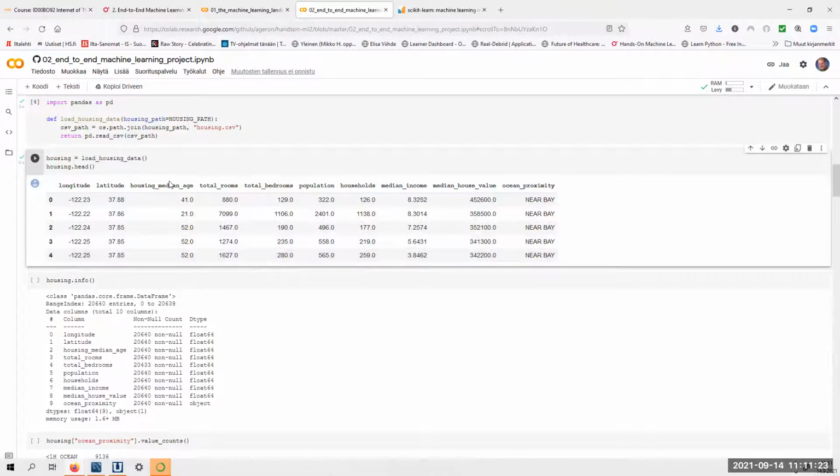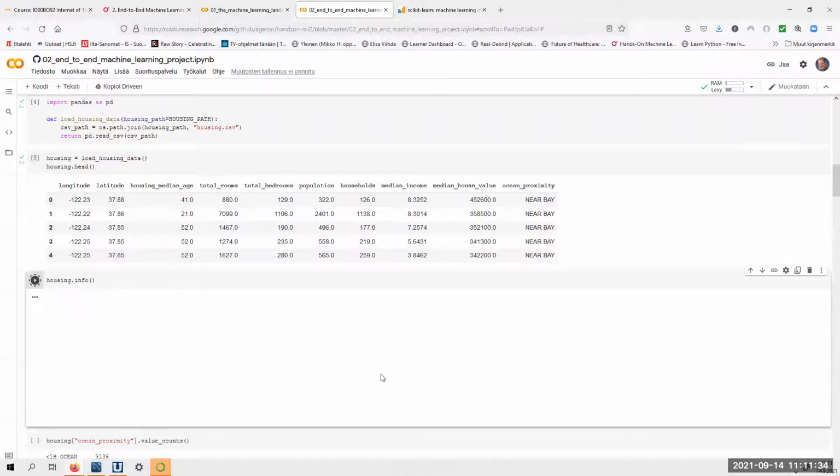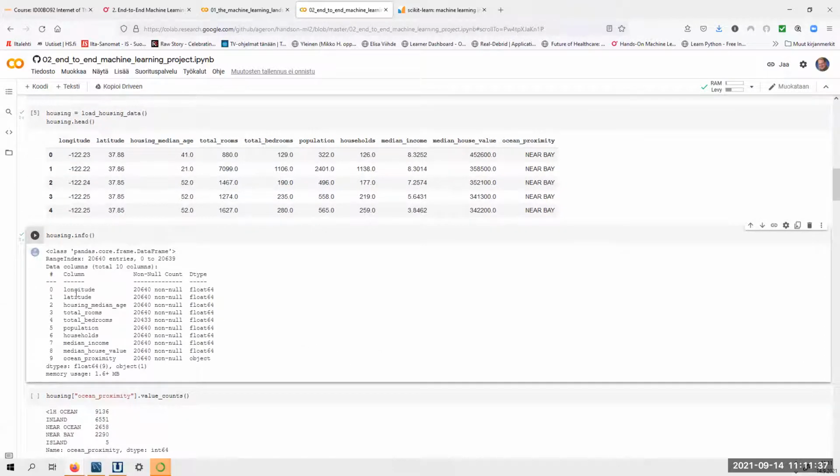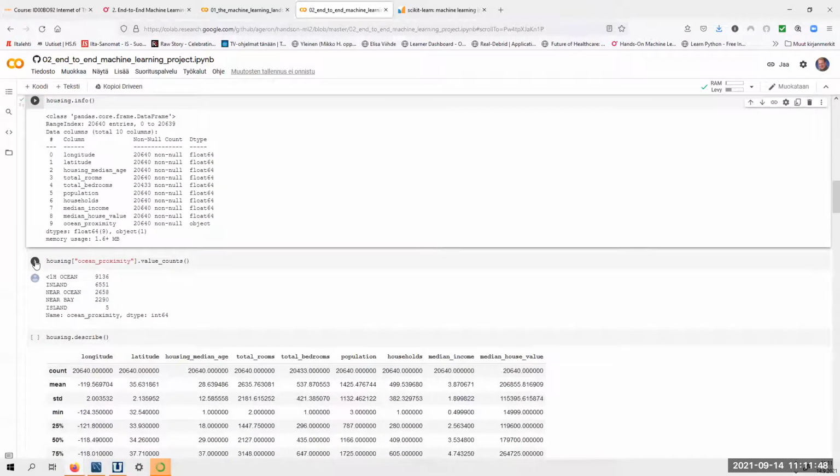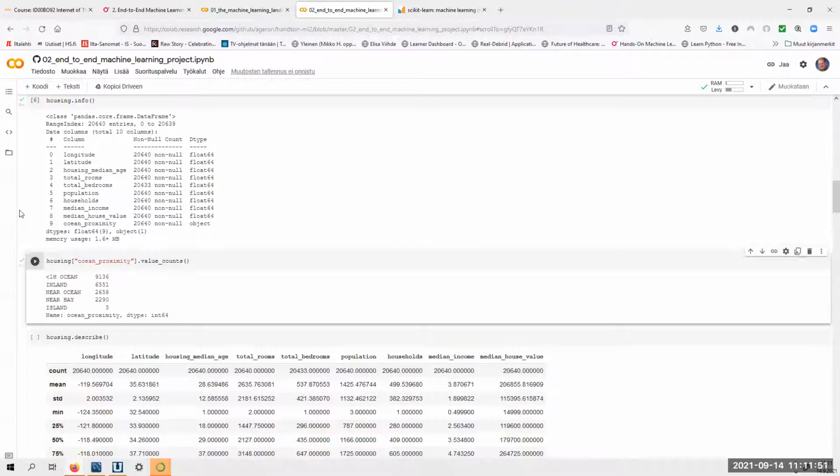So longitude, latitude, housing median age, total rooms, total bedrooms, population, households, median income, median house value, ocean proximity. And then housing info gives you the data types of the parameters we are dealing with. The value counts method gives the count of different classified values.